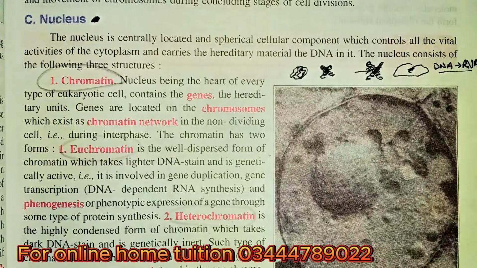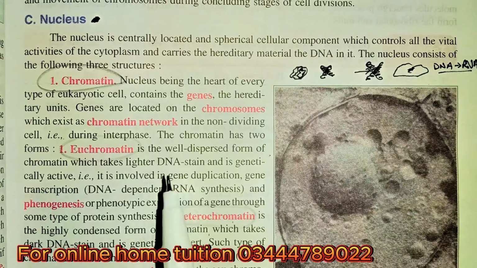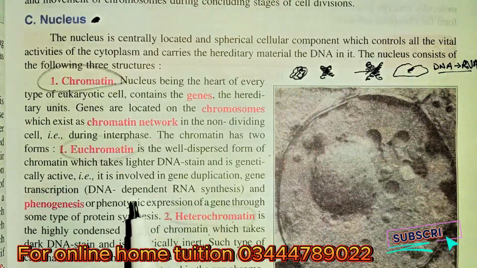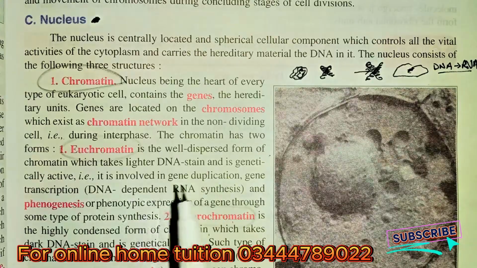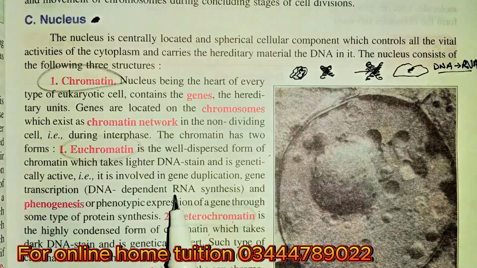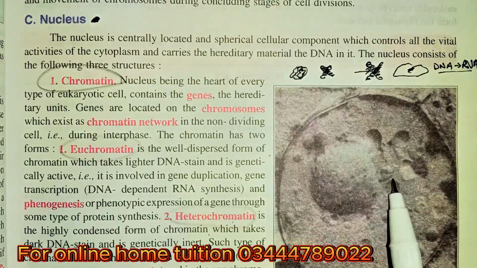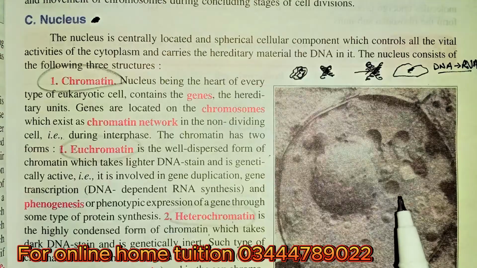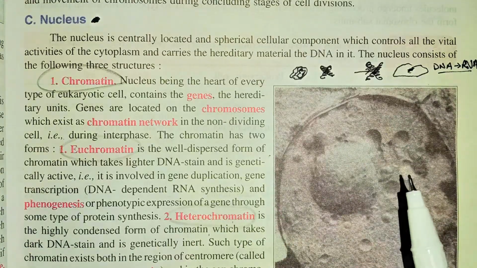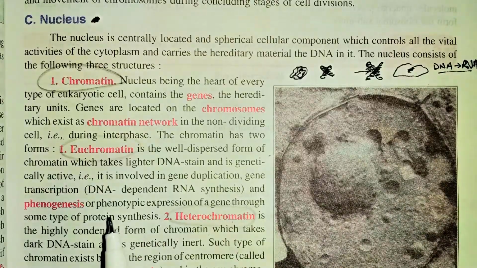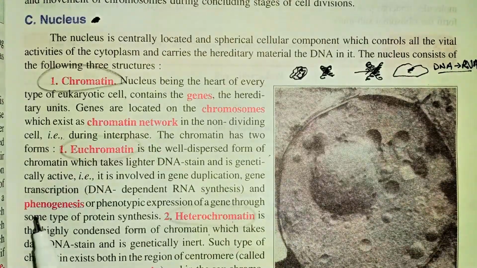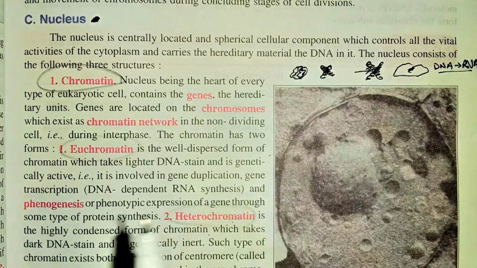But when you see that certain parts of the chromosome are being used for the production of RNA, that is called RNA synthesis, and later on this RNA goes out from the nucleus towards the ribosomes, where protein synthesis happens, and they go for some kind of phenotypic expression, that is euchromatin.